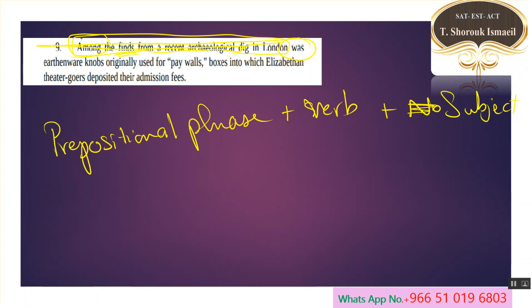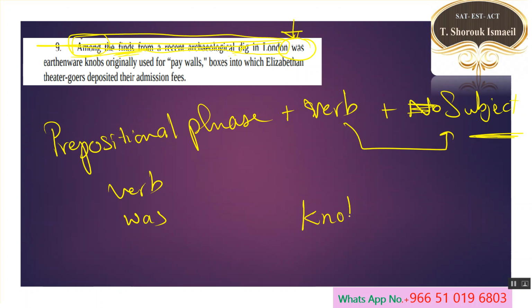Okay, so what should I do here? I need to think about my verb, which is was. My verb here is was, and my subject will come after the verb. Let's think about this agreement, which is urn, were not. This is my subject. Urn is singular, and the verb is plural. Actually, they disagree together.